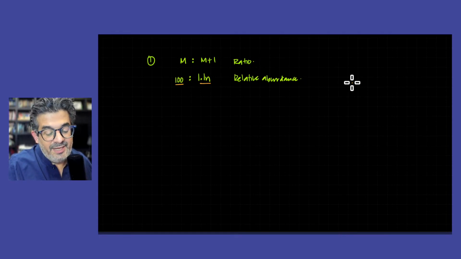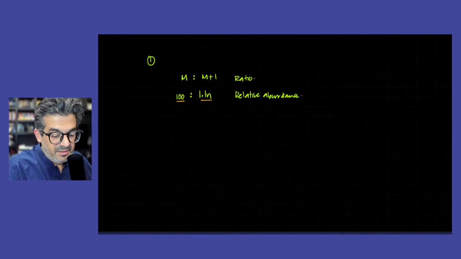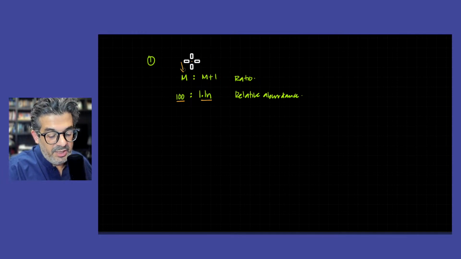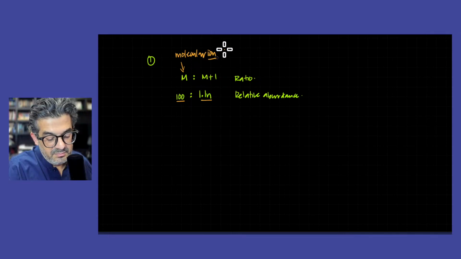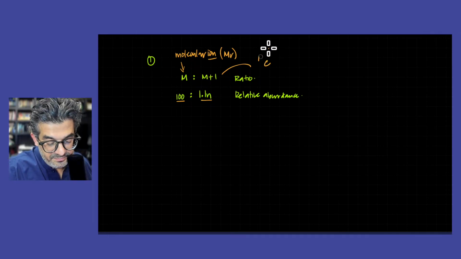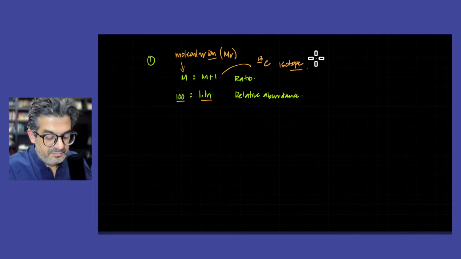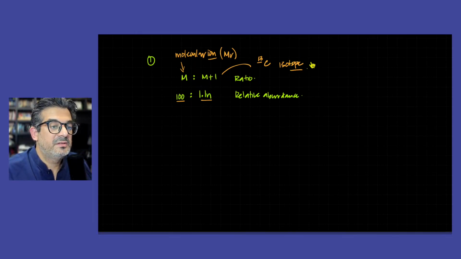If they give you the abundance ratio between the M and M+1 peak, you must know what the M peak is. The M peak is what we call the molecular ion, also known as the Mr, and the M+1 peak has a carbon-13 isotope. That's how this works.